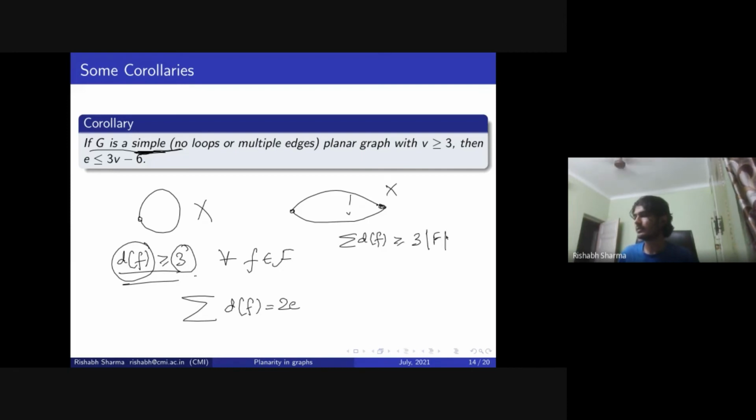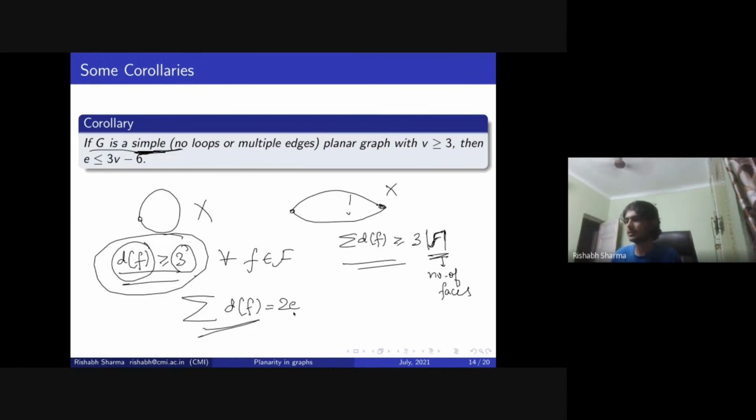So this means 3 times the number of faces. This holds because of this condition. And since we know that the sum is equal to 2e, I can just replace this: 2e is greater than or equal to 3 times the number of faces.